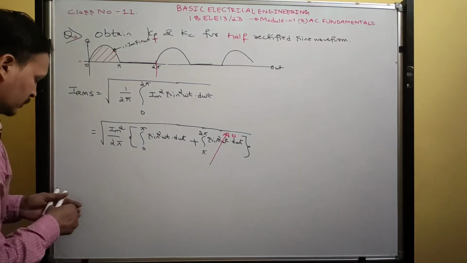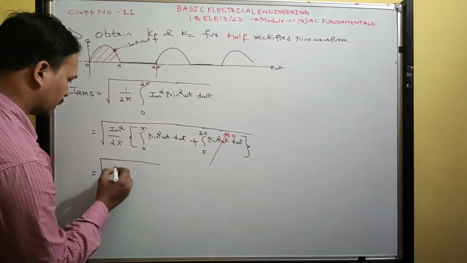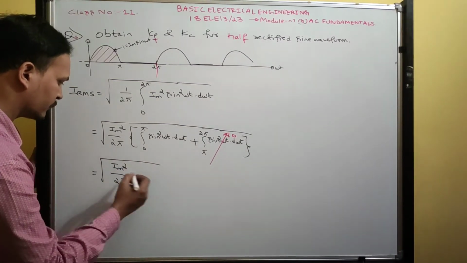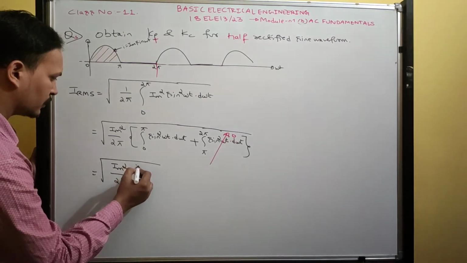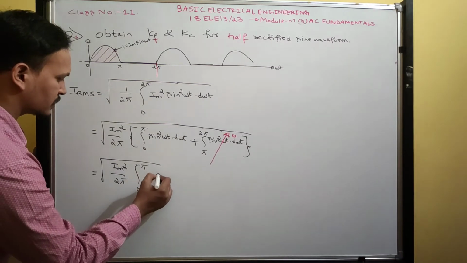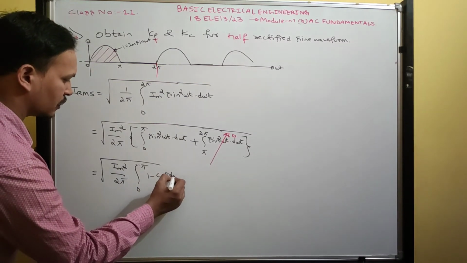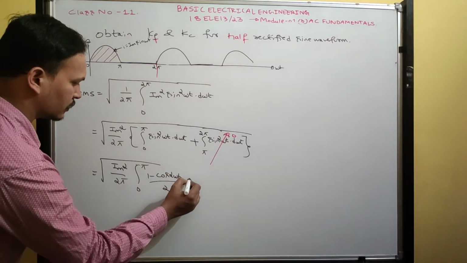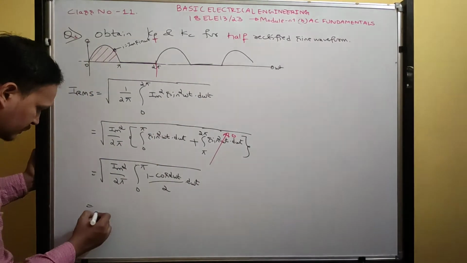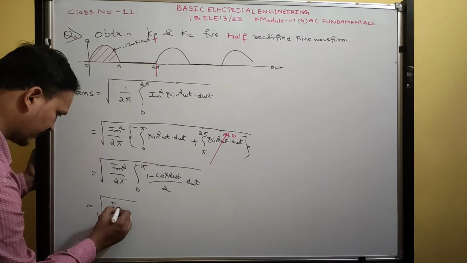Okay. So now whole square root of Im square by 2 pi into, not yet integrated. Write the formula. What is sin square theta? 1 minus cos 2 omega t by 2 into d omega t. Now take this 2 outside. What happens?